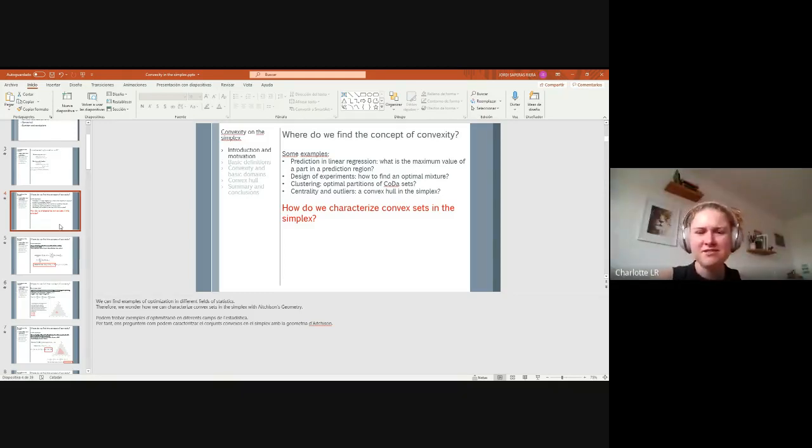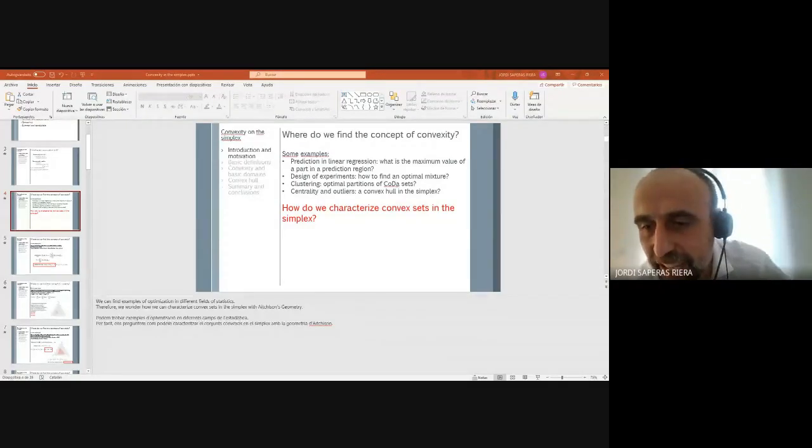Can I ask a question regarding testing for convexity? Jordi, based on your presentation, correct me if I'm wrong, but I think an important takeaway is to test for convexity in the simplex space and not the Euclidean space. Is that correctly understood? Sorry, repeat.